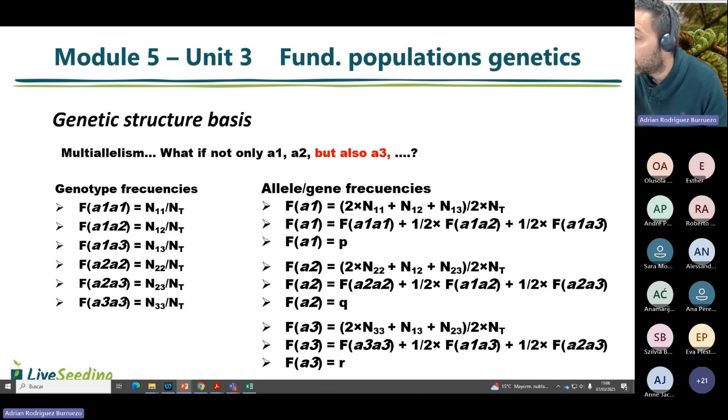And again, we give the lowercase letter p for the frequency of this allele, and in the same way for allele 2, with q as the letter to represent its frequency. And in the case of allele 3, it is estimated in a similar way.